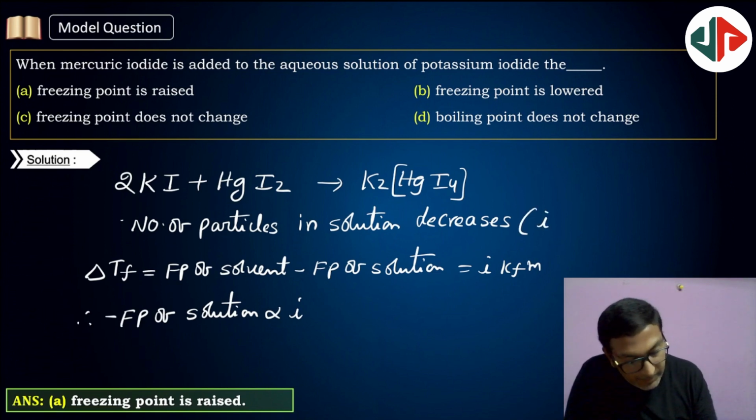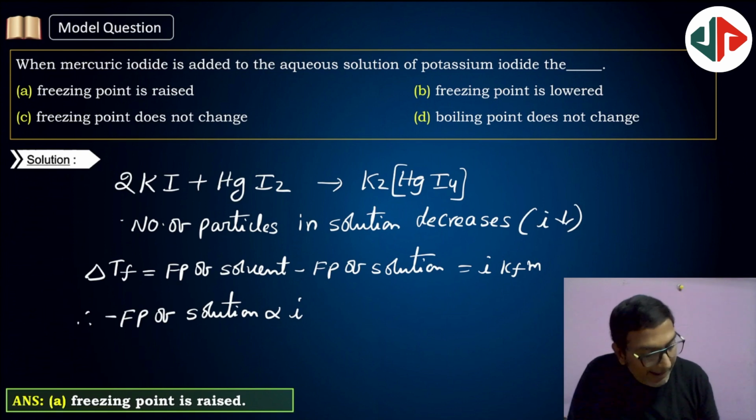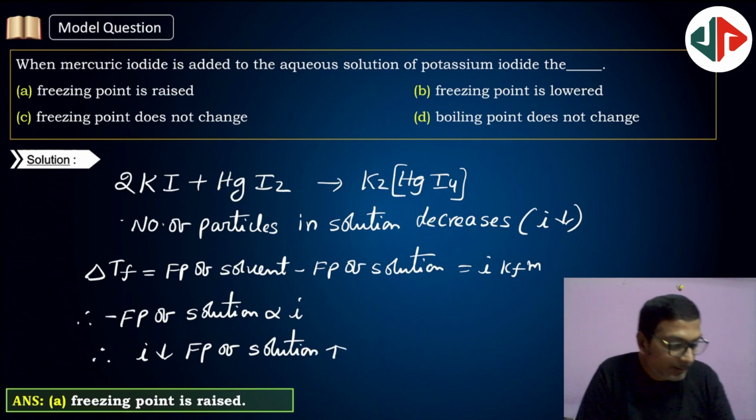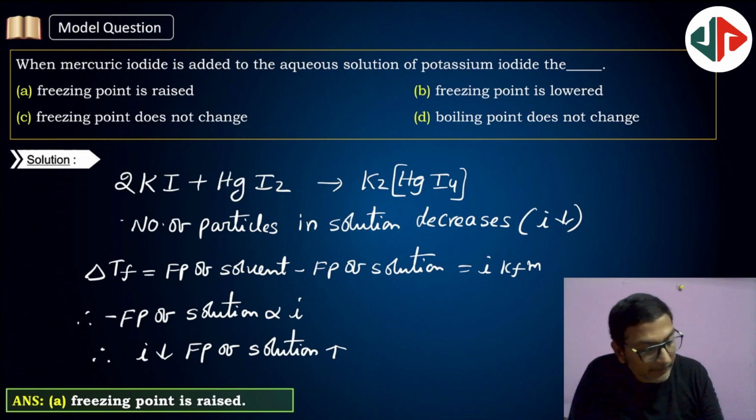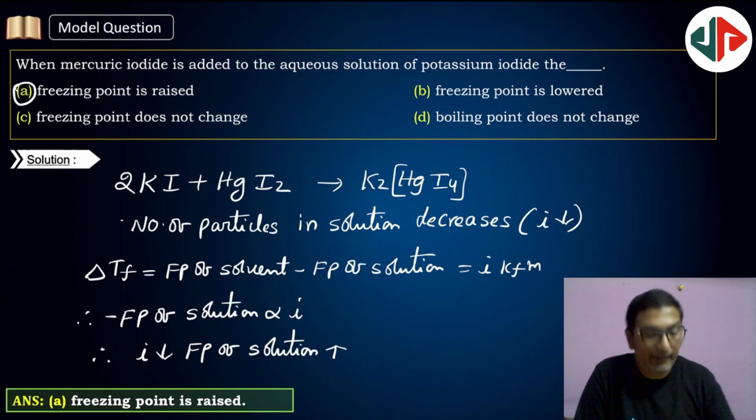Number of particles decreases means i value decreases. So as the i value decreases, freezing point of solution increases. So therefore freezing point is raised. Option A. As the i value increases, freezing point decreases. So i value decreases, therefore freezing point increases. Option A. Next.